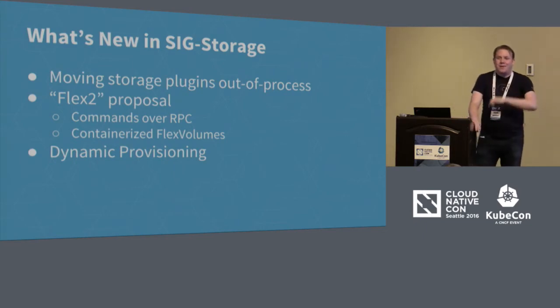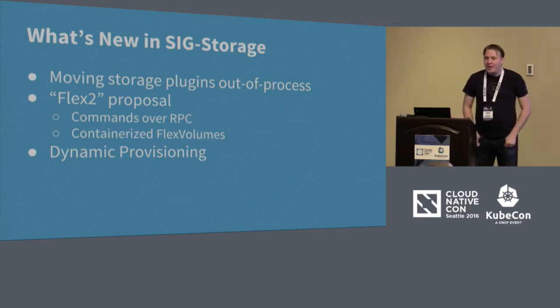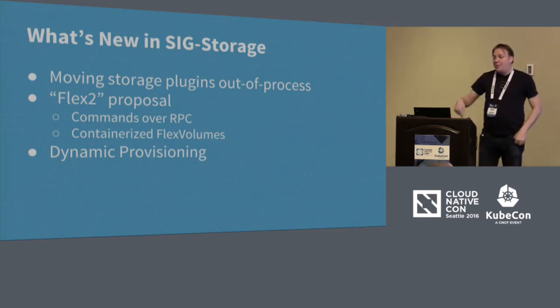I see a lot of people here from SIG Storage, hi, is that we're moving a lot of the storage plugins in that list I showed you out of process.